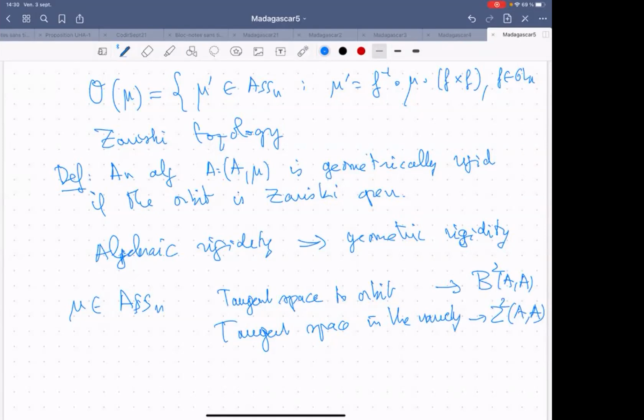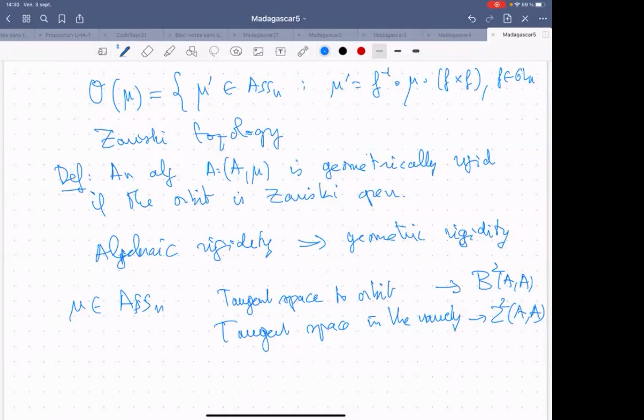Then this tangent space to the orbit corresponds to the coboundaries, and the tangent space to the variety corresponds to the cocycles. And when these two tangent spaces are equal, this means that the orbit is open.